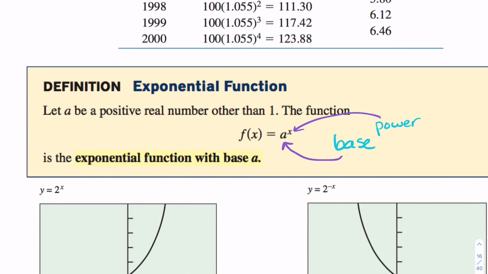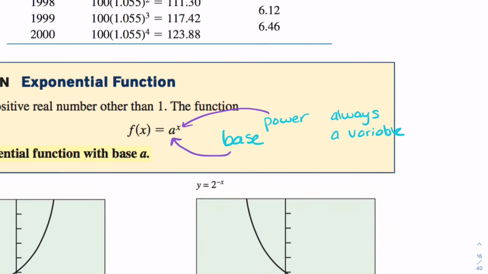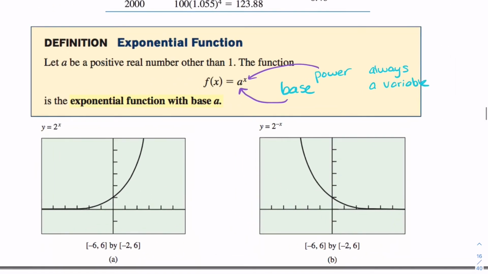Our power with an exponential is always, I apologize, our power or exponent is always a variable. It doesn't have to be the variable x, but in this case, we are graphing on a Cartesian coordinate plane, so it is.